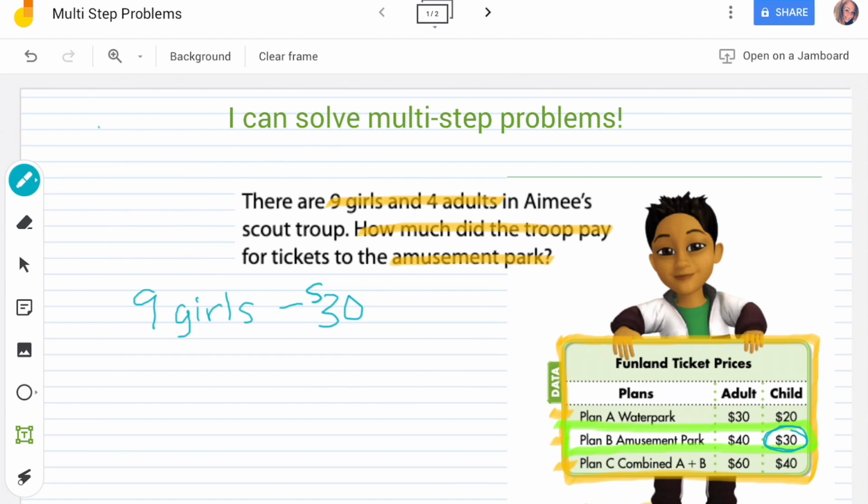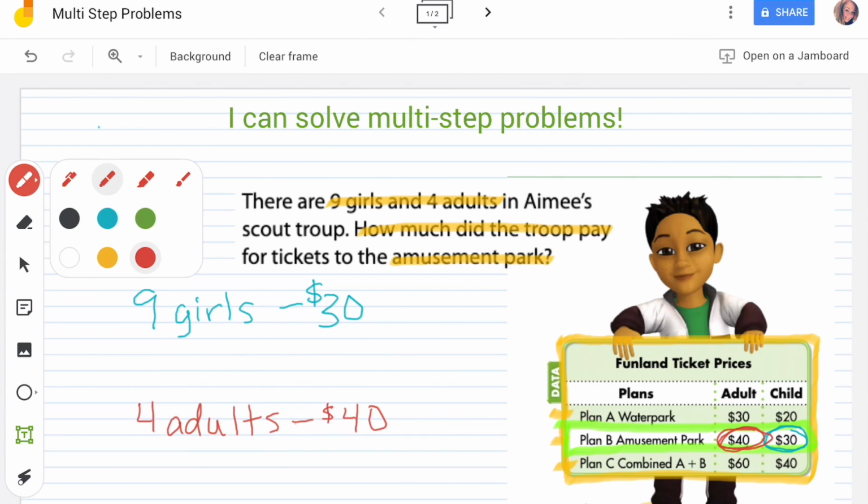Each girl costs $30. Now I also have another group of people that I need to account for, and that's the adults. There are 4 adults, and according to the data table, each one of the adult tickets costs $40.